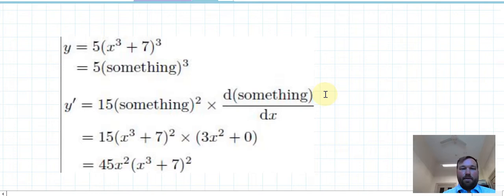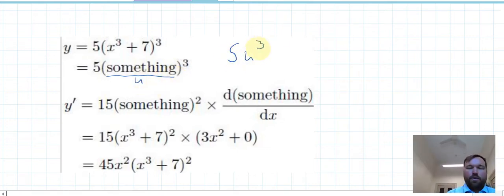Here is, I think, a far better explanation. So if we have a function 5 bracket x cubed plus 7 to the power of 3, the inner function is this something. The derivative is us deriving, imagine that's u, and then we had 5u cubed. If we derive that, the 3 comes down, making the 15 something gets squared.